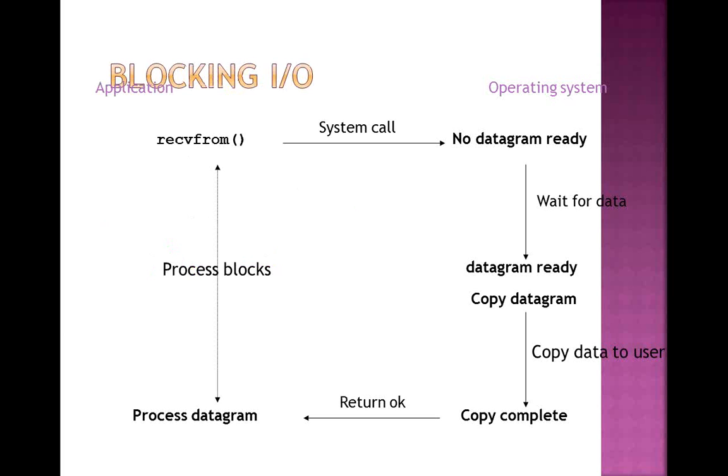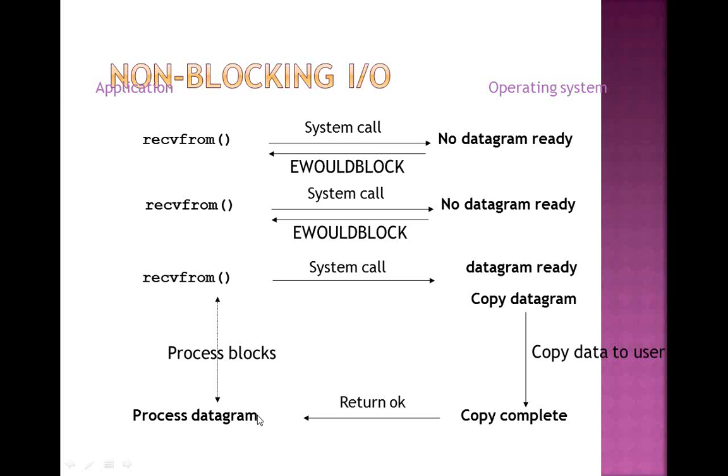The process blocks to receive the datagram. There is a system call, no datagram is ready, it waits for the data. Now the datagram is ready, copy the data to the user, then the copy is complete. Then return OK, process the datagram. This is how blocking will be maintained.